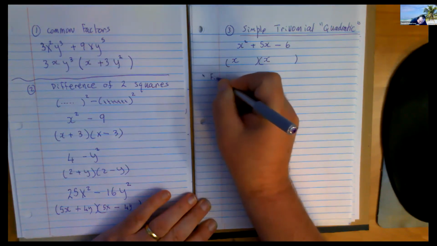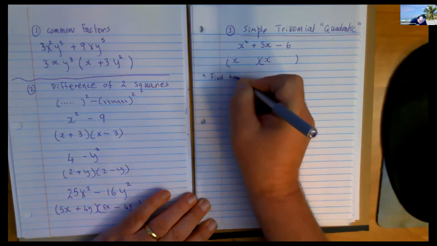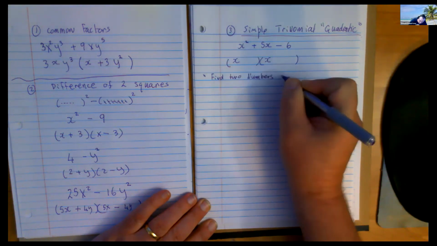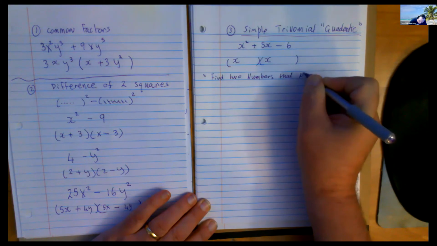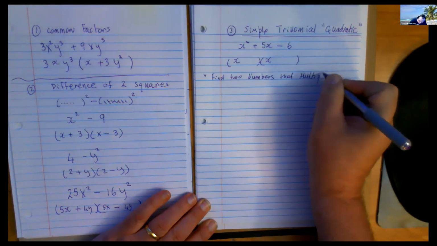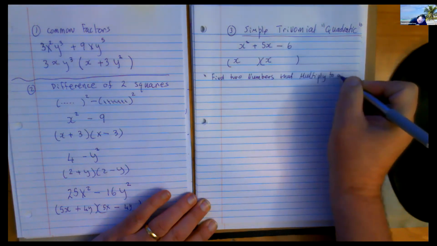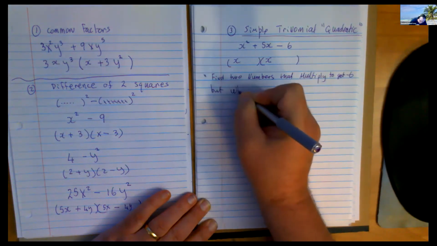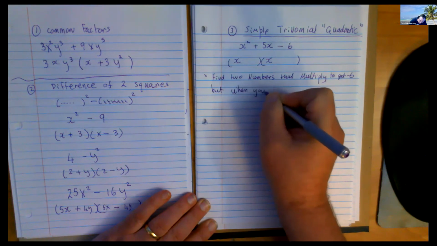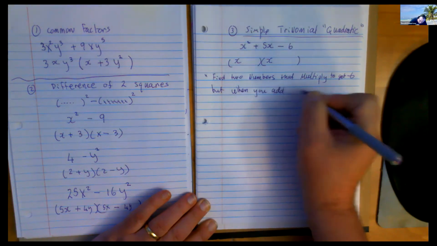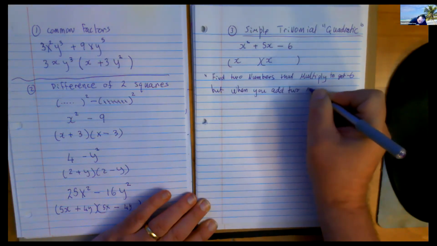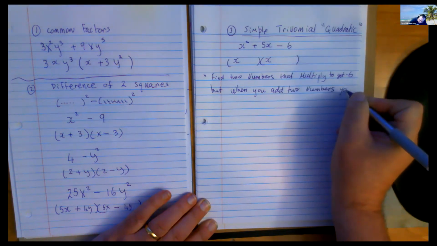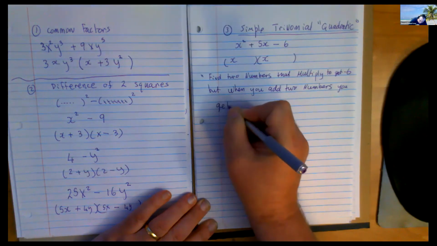You try and find two numbers that multiply to get -6. But when you add the two numbers, you get +5.